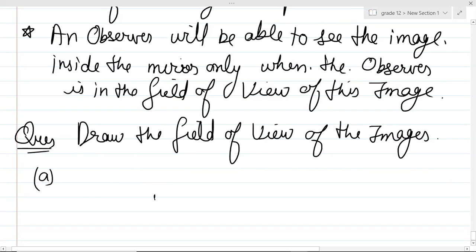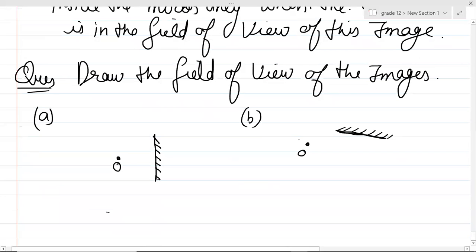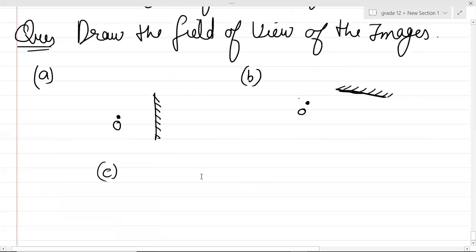Chalo, question. First case, there is this mirror and there is this object. Second, there is this mirror and there is this object. Third case, let's draw a little lower.